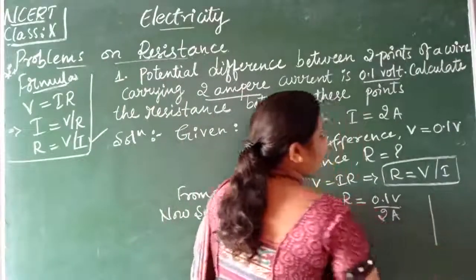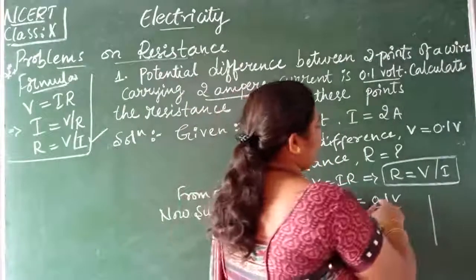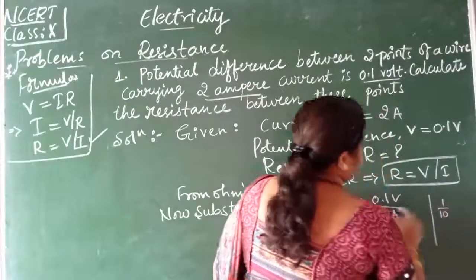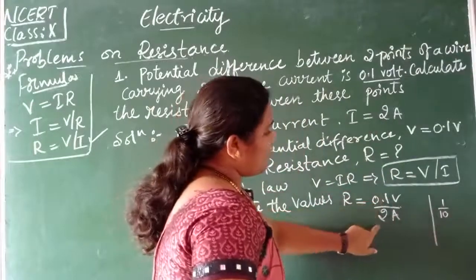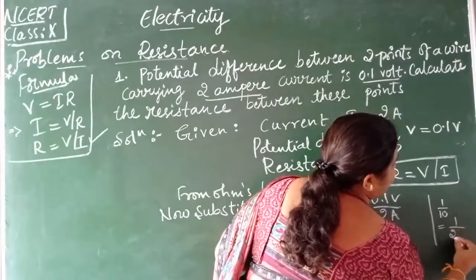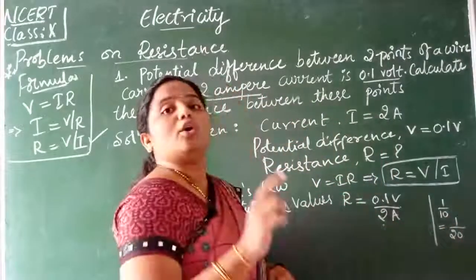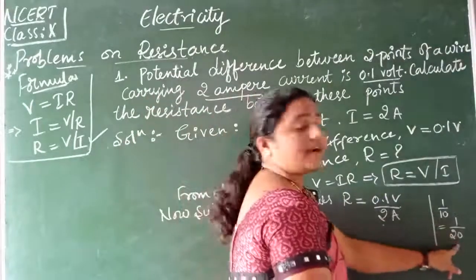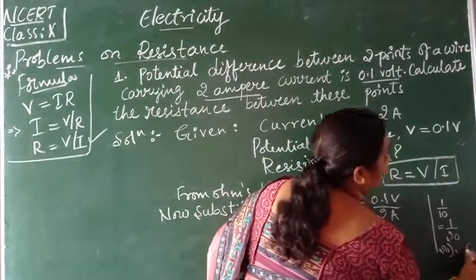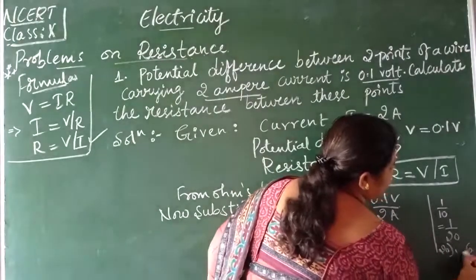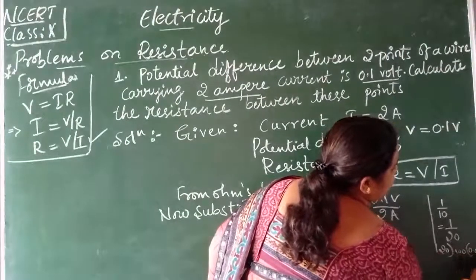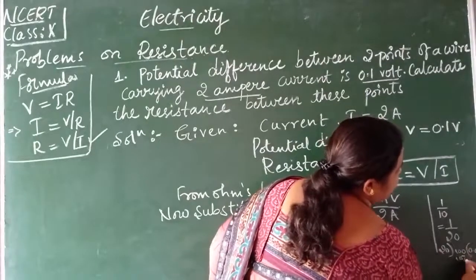Or suppose you feel difficulty, go by a simpler method. This 0.1 can be written as 1 divided by 10. This 1 divided by 10 goes to the denominator, so it becomes 1 divided by 20, because 10 into 2 is 20. Dividing 1 by 20, we take 0 point, then one more 0, and 25 into 4 is 100.